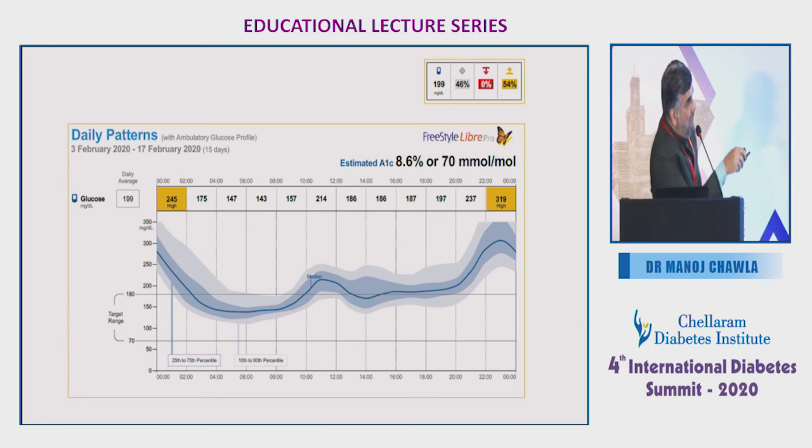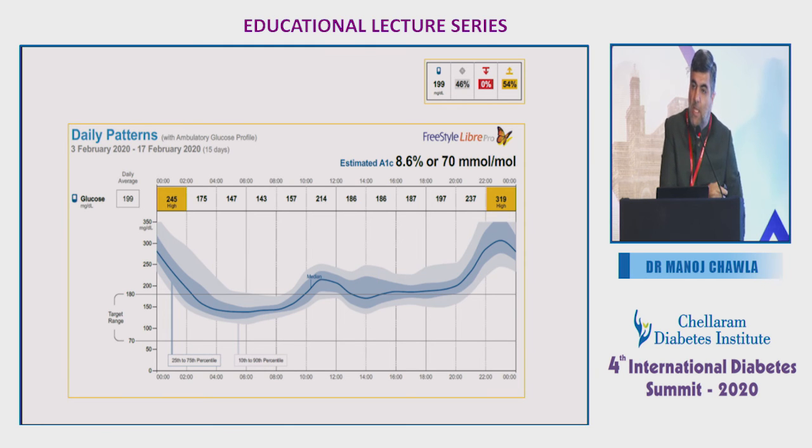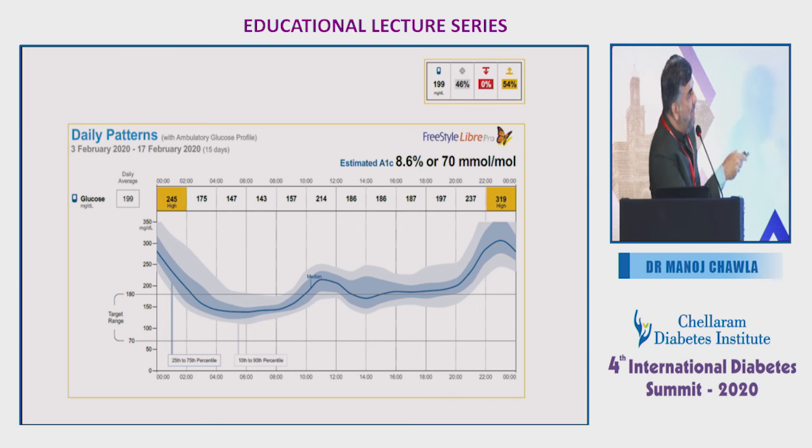So let me take you through this again. This median line in dark blue, the part that is coming down, is talking to us about the lack of stability, which is intraday variability. This is being variable within the day. And the breadth of the AGP talks to us about the interday variability, right?